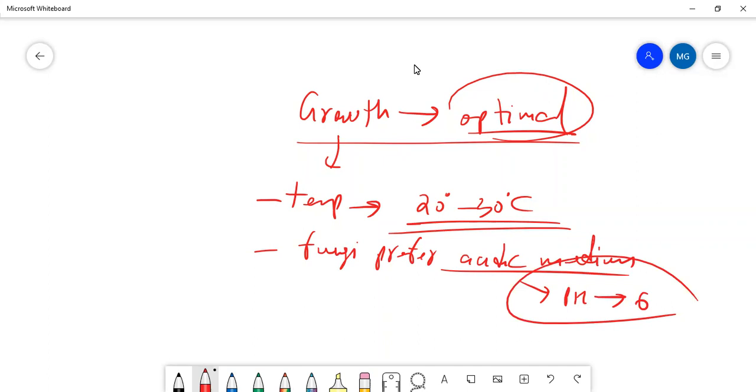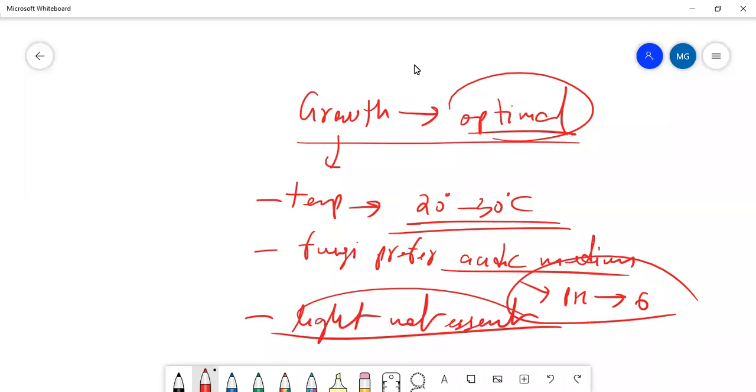ठीक है, तीसरी चीज आपने याद रखनी है, the third thing you have to remember, कि light is not essential for fungal growth. Light is not essential for fungal multiplication or fungal growth. Not essential. क्योंकि एक क्लोरोफिलस है, आपको पता है, so light is not essential.